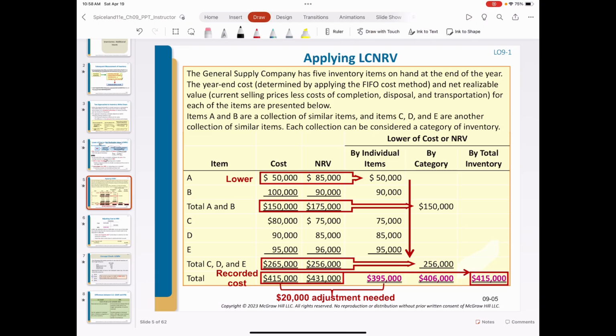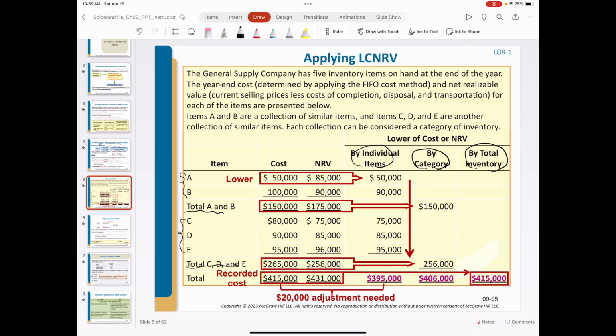The LCNRV can be applied to individual items, by category, or by total. In this example, there are 5 products and 2 categories. A, B, C, D, E are individual items. A, B are the first category.